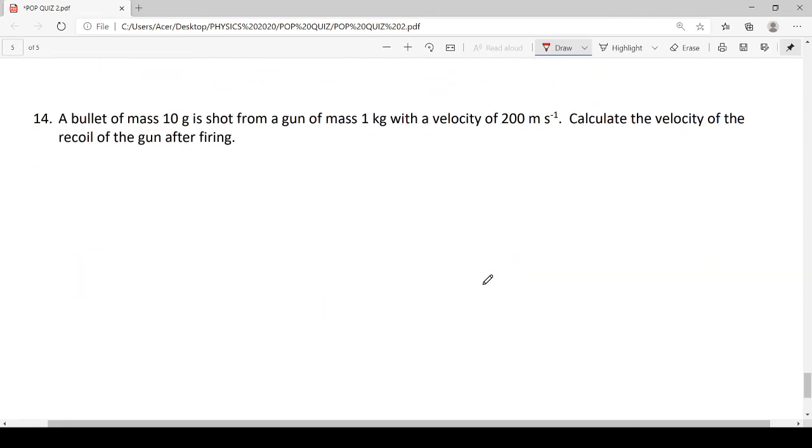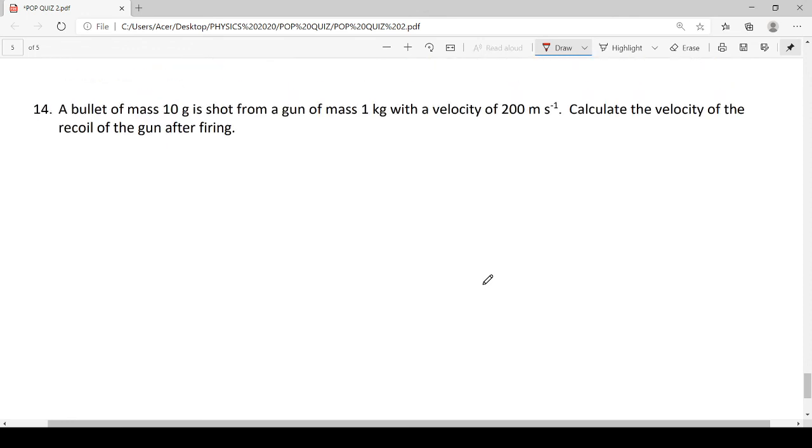Now we go to the last question. A bullet of mass 10 gram is shot from a gun of mass 1 kilogram with a velocity of 200 meter per second. Again, you are to calculate the velocity of the recoil of the gun after firing. I see inconsistency in terms of the mass: here I have gram, and here I have kilogram.